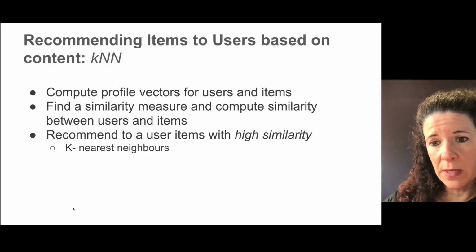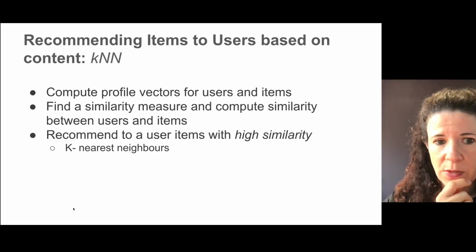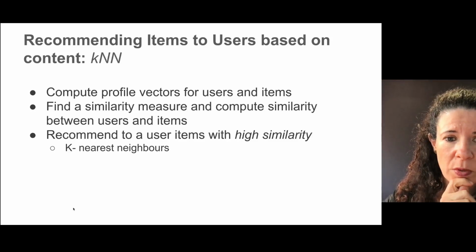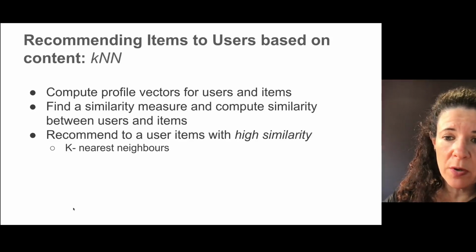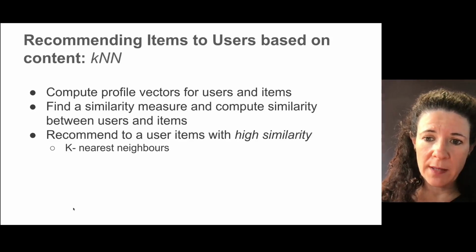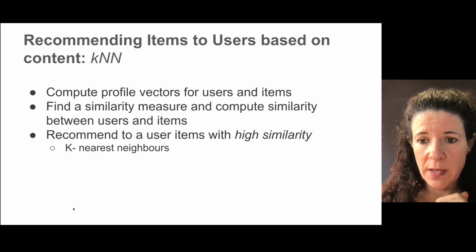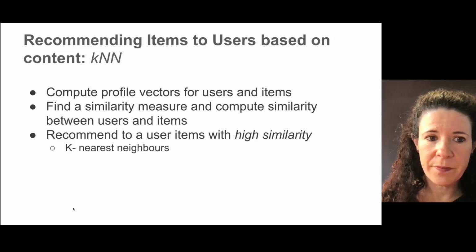You can also compute similarities between just items or between just users based on content as well. And then we recommend to a user items that have high similarity, or items that have high similarity to other items that the user has seen in the past, using K-nearest neighbors.